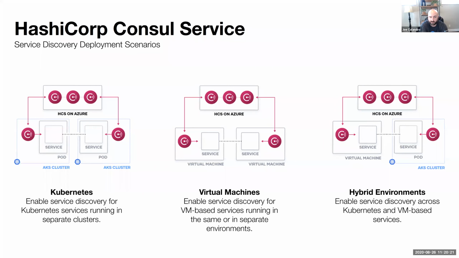It's an analogous model to virtual machines, right? There's a Consul agent that runs on or next to an application VM that makes the Consul server and Consul service registry aware of the availability of that application running on a VM. And not all services can run in Kubernetes.